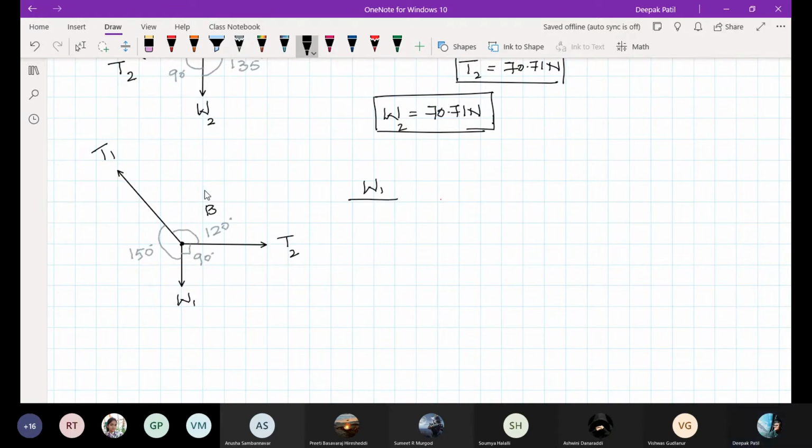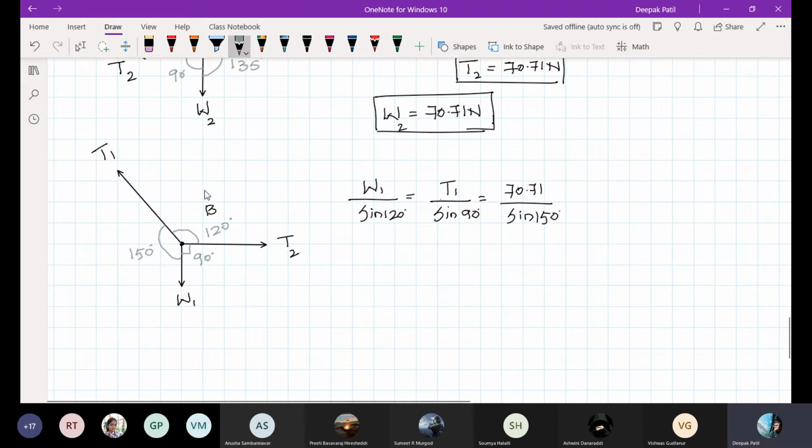W1 divided by sine of 120 is equal to T1 divided by sine of 90 is equal to T2, which you already found as 70.71, divided by sine of 150.